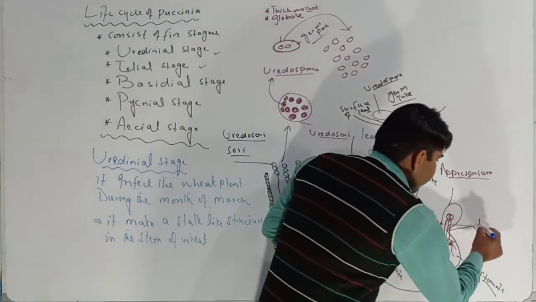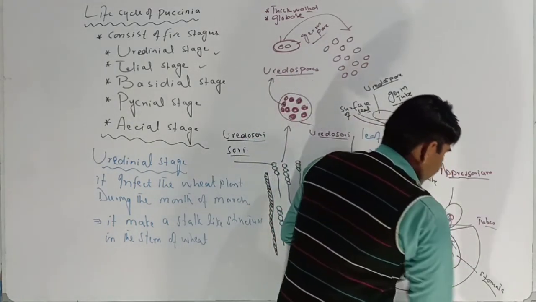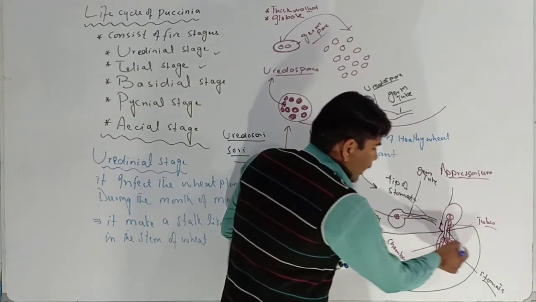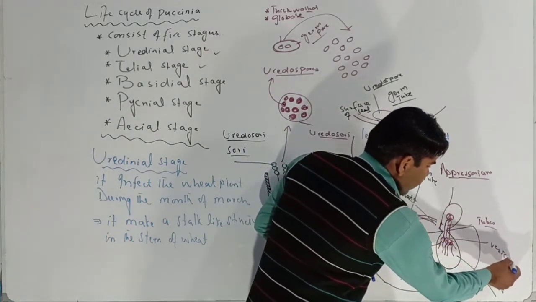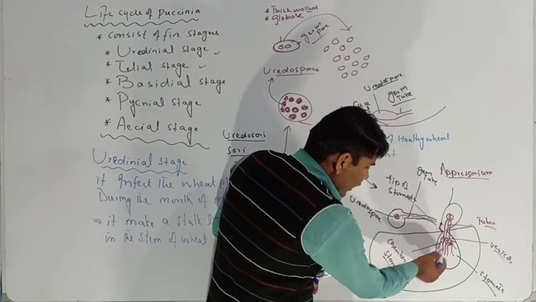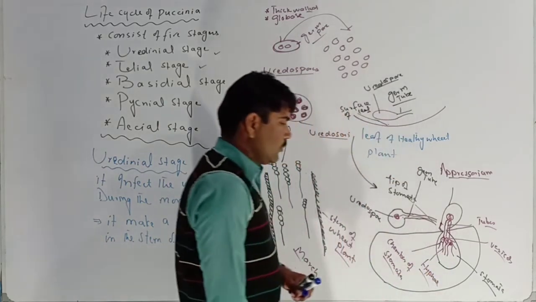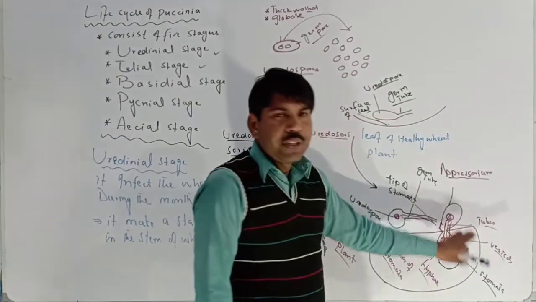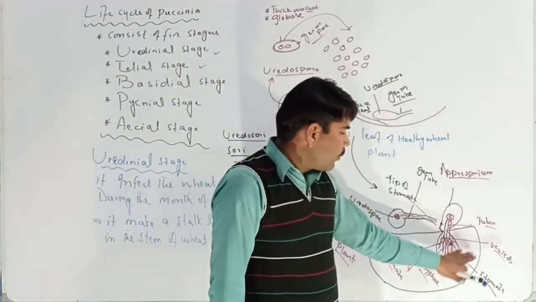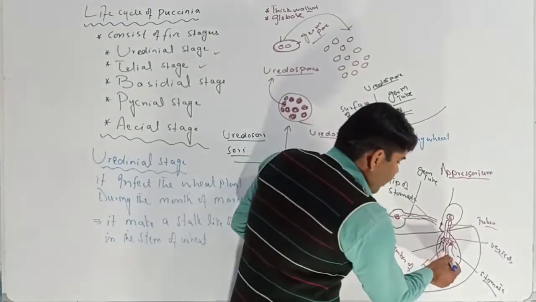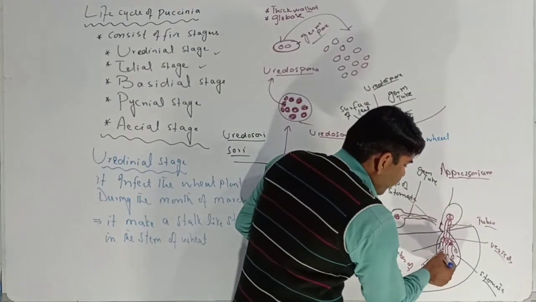So these are tubes, these are vesicles, and these are hyphae. These hyphae are now involved in the formation of haustoria.